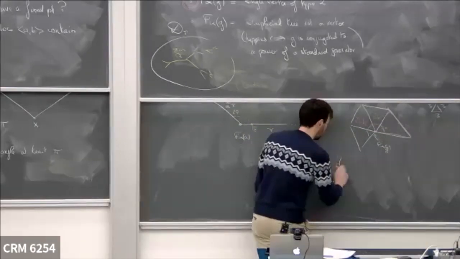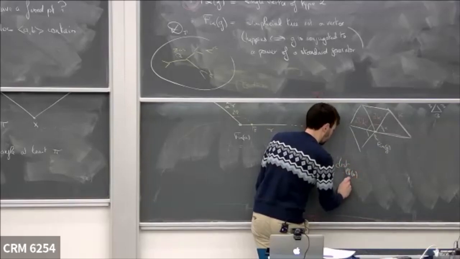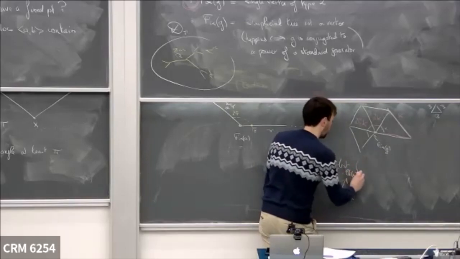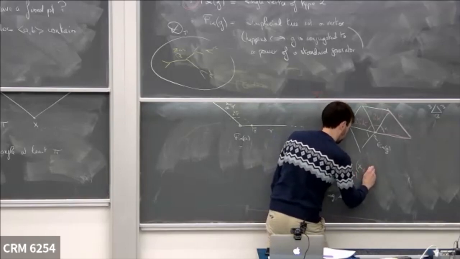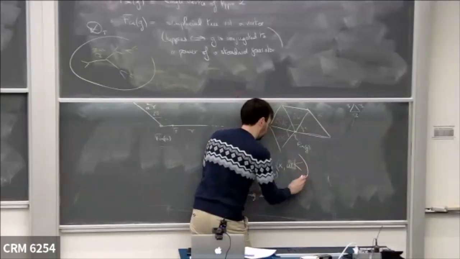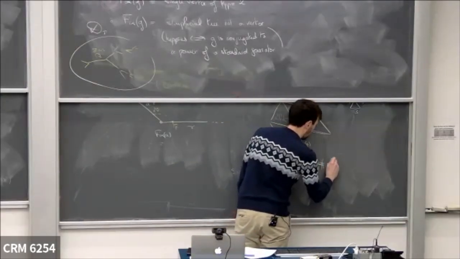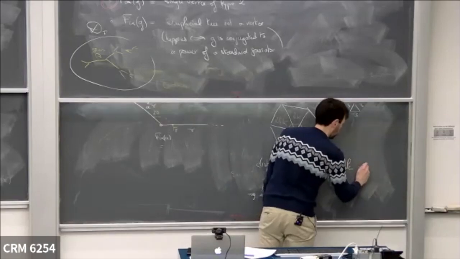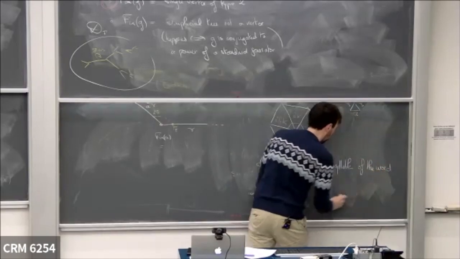So the distance in the link, for the angular metric, between X and WK, is the number of syllables of the word W. And what's a syllable?